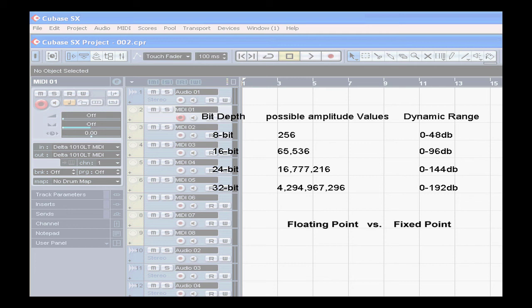Integers don't use decimals, but the floating point number gives you exactly this, a way to represent a value with a decimal point. In a nutshell, the 32-bit floating point files can more accurately represent very large or very small numbers. This accuracy provides better quality sound reproduction, extended dynamic range, and of course, more precise audio processing. We'll get into these topics in more detail in Level 2 of this tutorial.